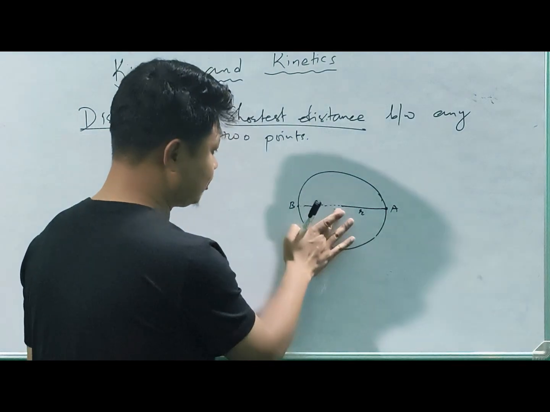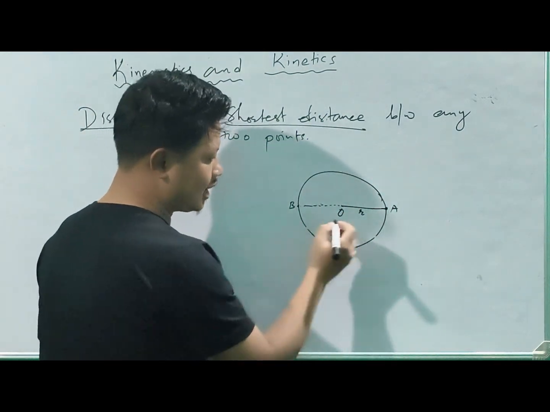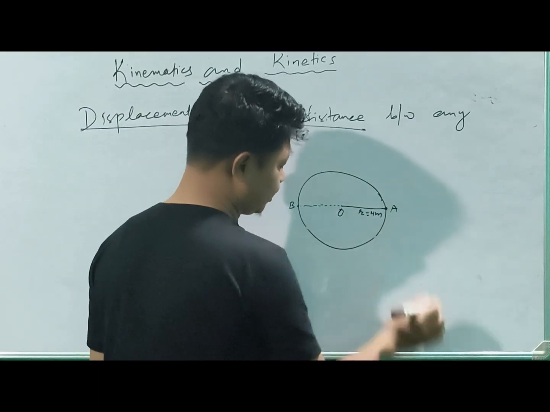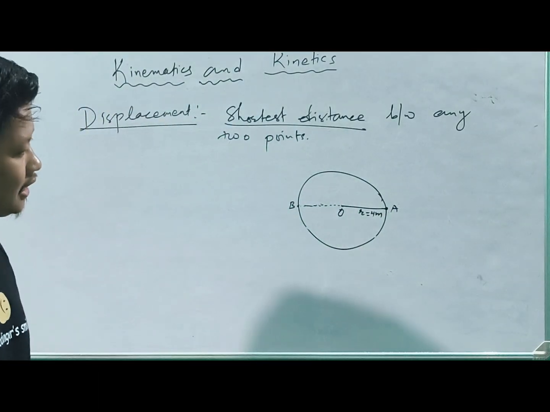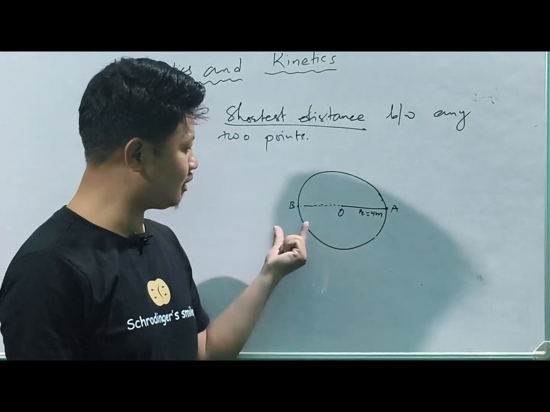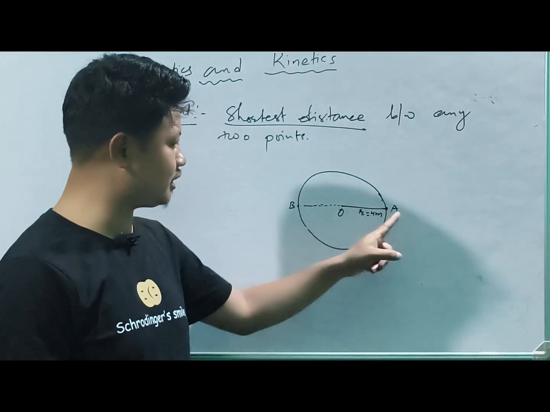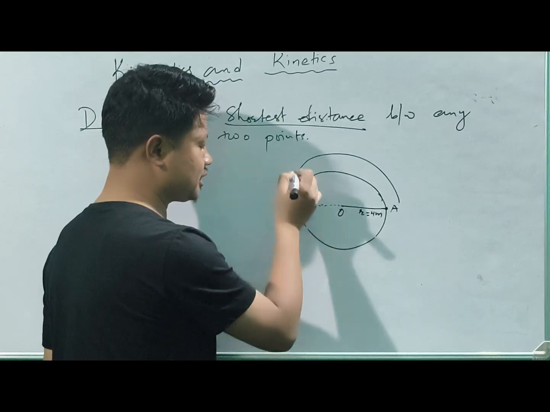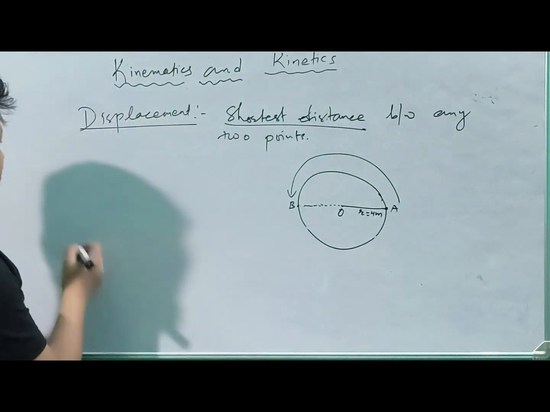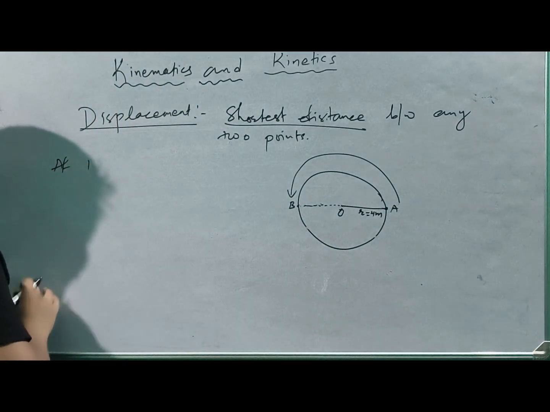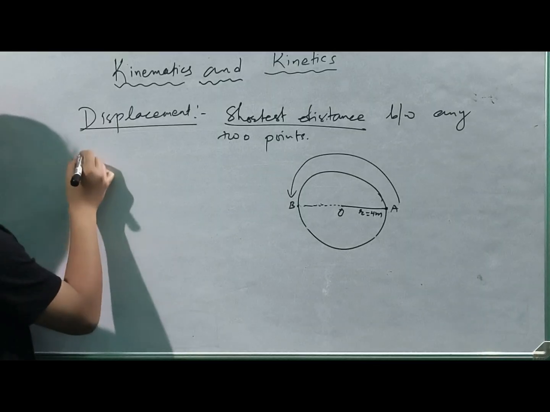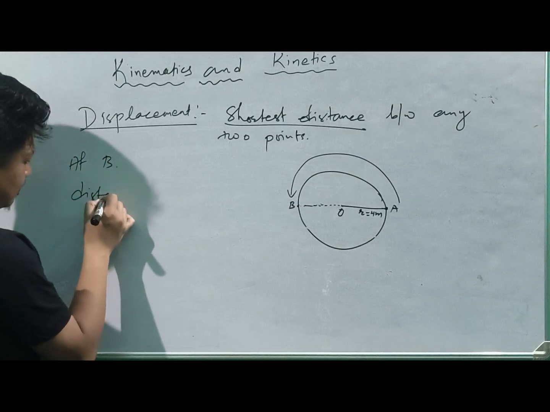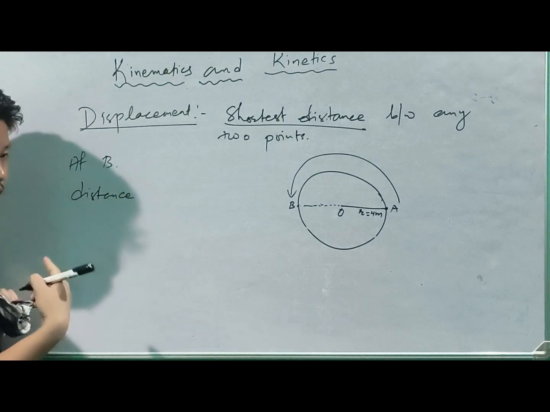Can you calculate the distance? Let us say r is equal to 4 meter. What will be the distance if the particle reaches point B? First, let us say distance.